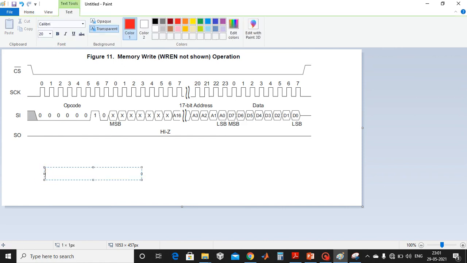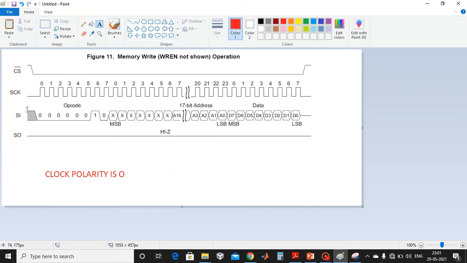So the clock polarity is 0, and you can also see that the data is updating on the falling edge. Here a falling edge is there, so you can clearly see that this data is updating on the falling edge.